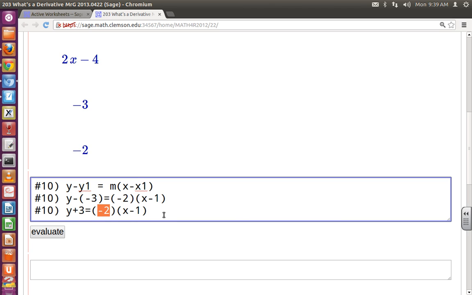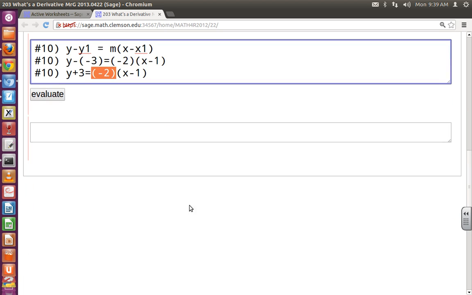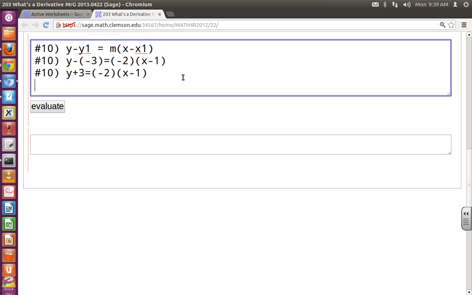I'm trying to get y alone so I can graph it, right? Distribute, right? Okay, distribute -2 times x minus 1. What do you get? -2x plus 2. All right, let's write that down. This is just note to self, what I need to do. So y plus 3 equals -2x plus 2.